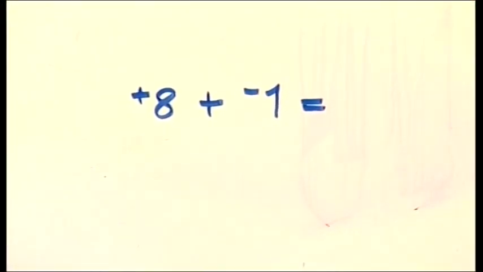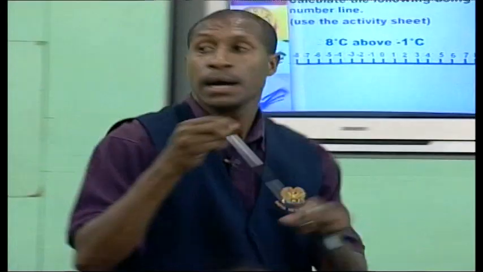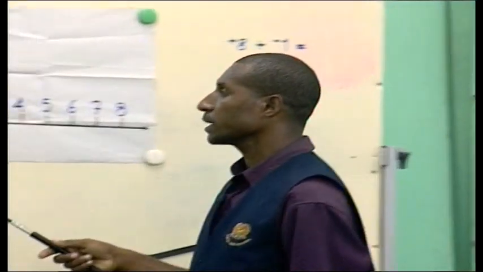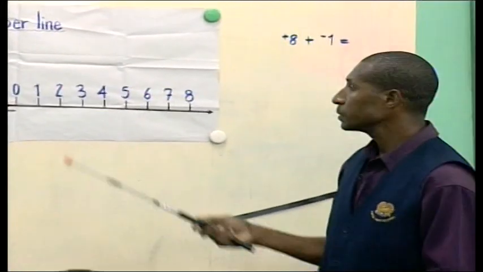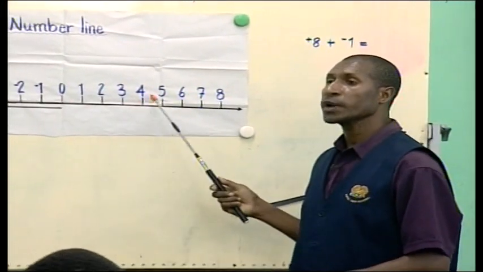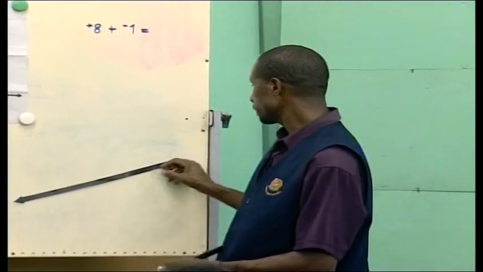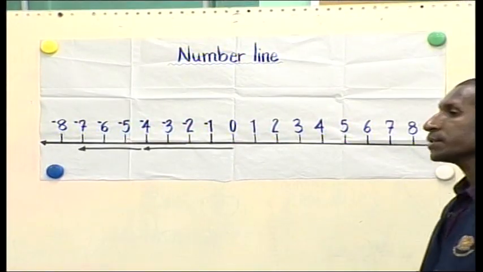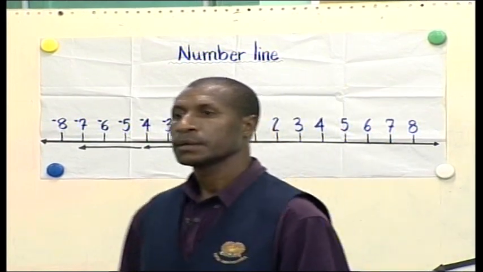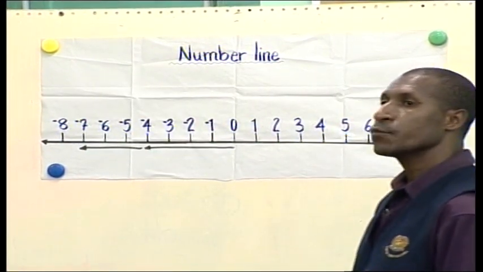That would be the number sentence. Now, using this, how can we show this number sentence on the number line? In other words, we are now trying to add positive 8 plus negative 1. So, what is the first integer? Negative 1 or positive 1?